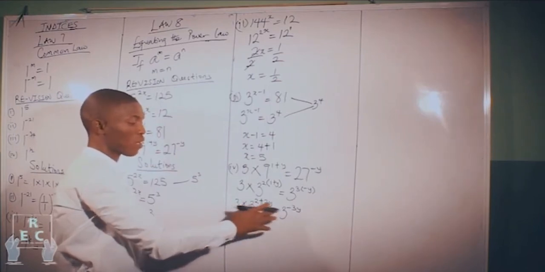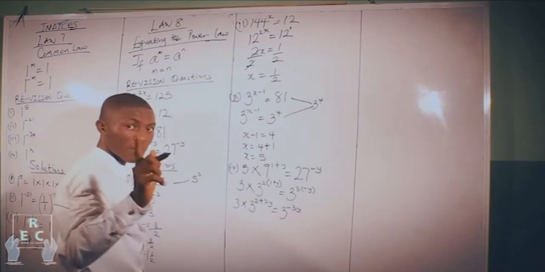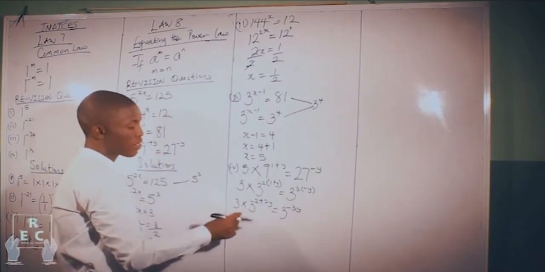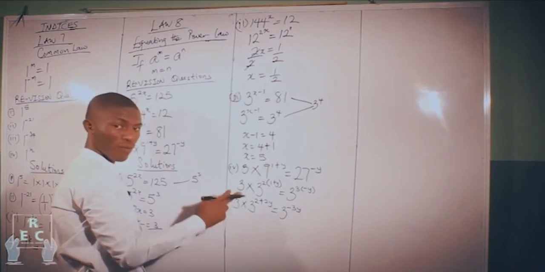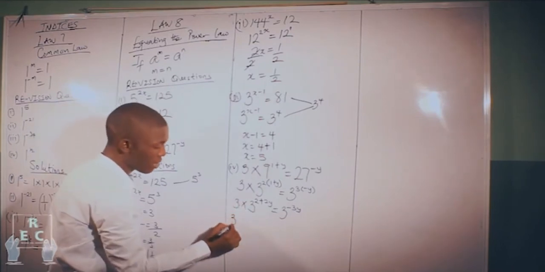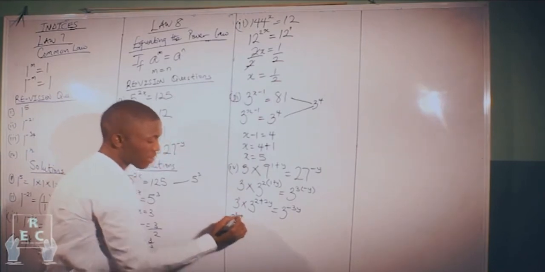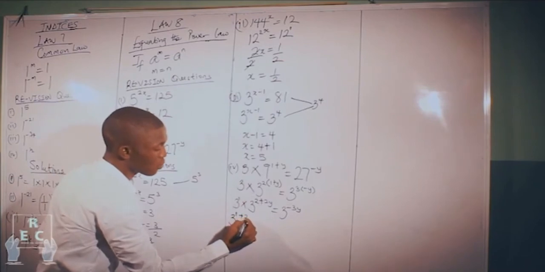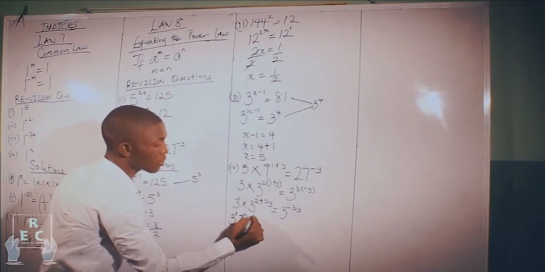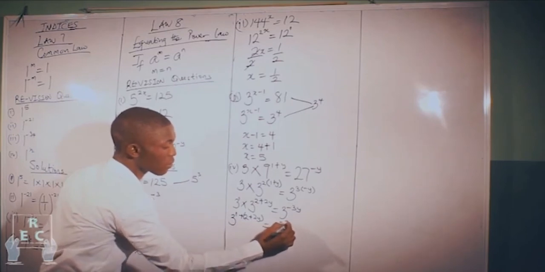Don't put one for another. You do not say equate the base here, simply because there is a multiplication sign here, so you use the addition law first. And what do we say? 3 is the same thing as 3 raised to the power 1 plus, remember, multiplication changed to plus, 2, open the bracket, plus 2y, equals 3 raised to the power minus 3y.